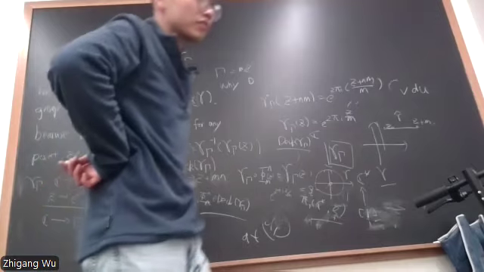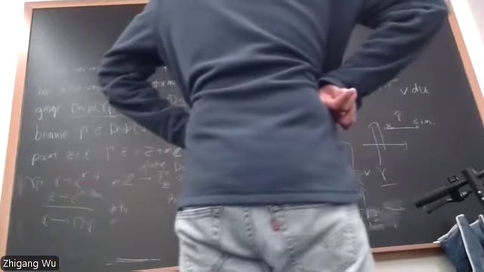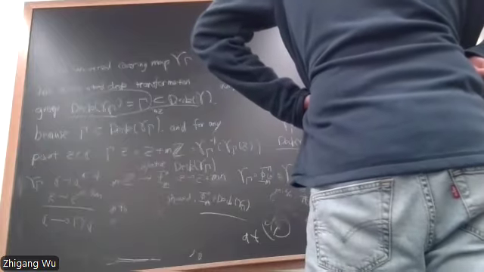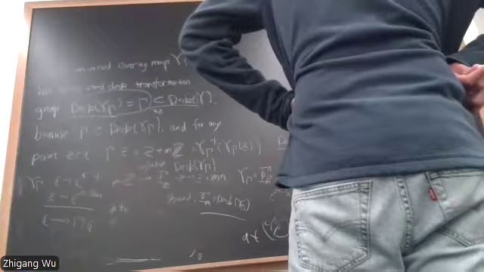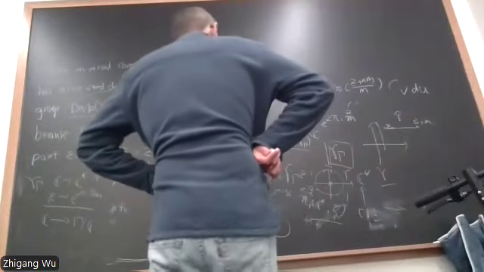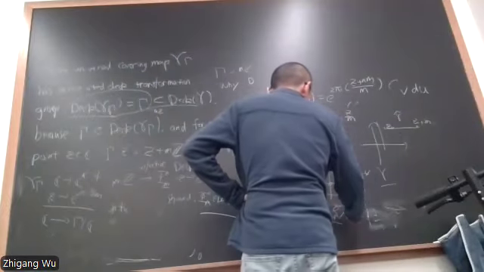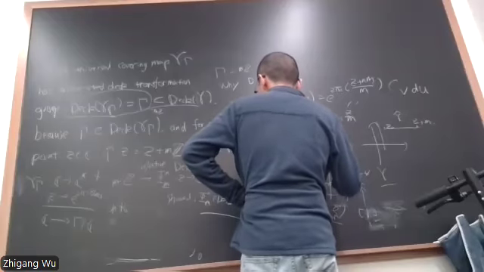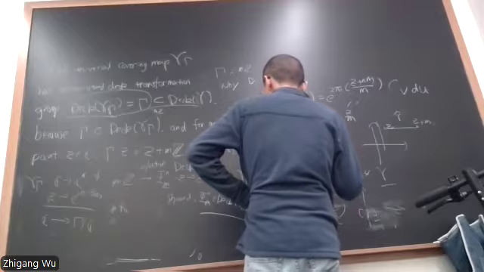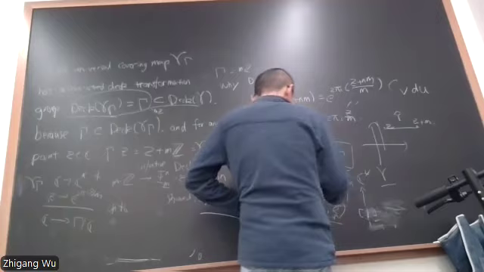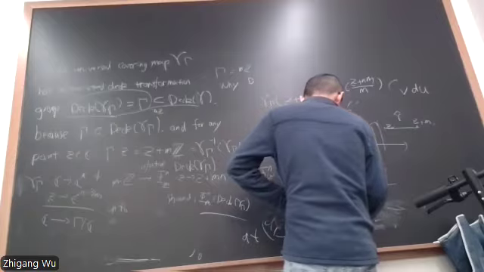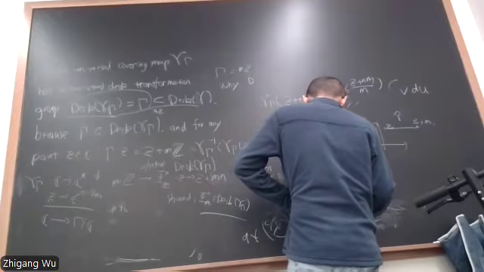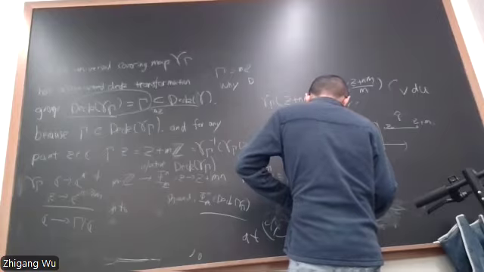Why is this surjective? Okay, so you have the element of this part one, right? So we show that this part one is actually, oh no. Okay.